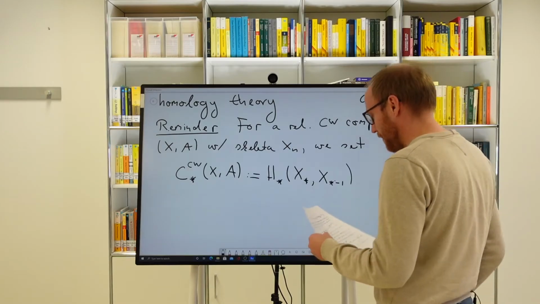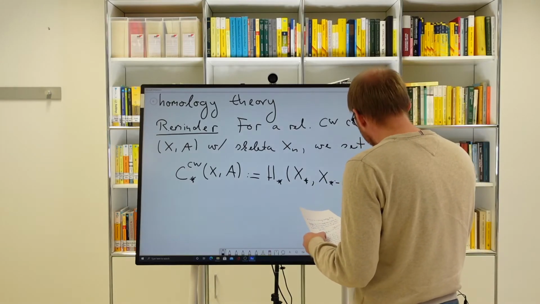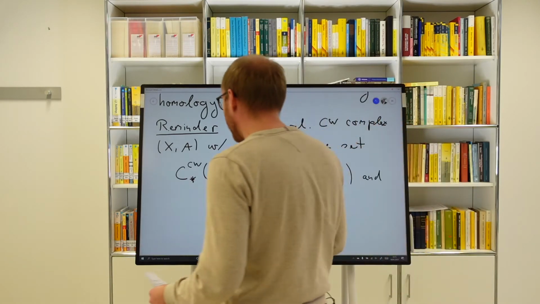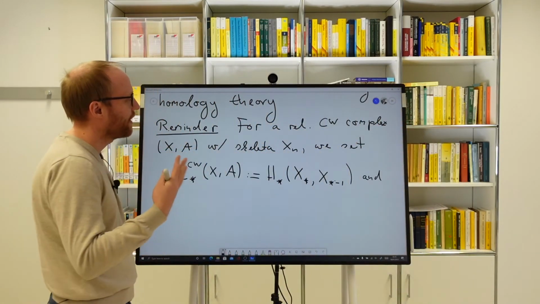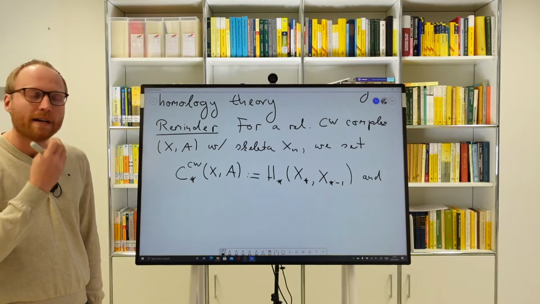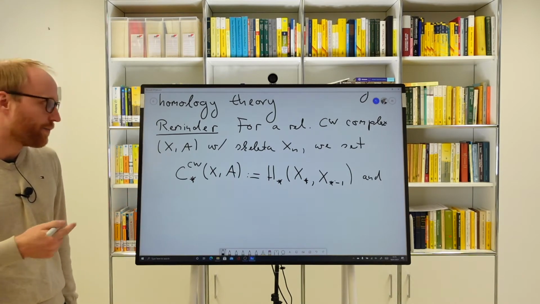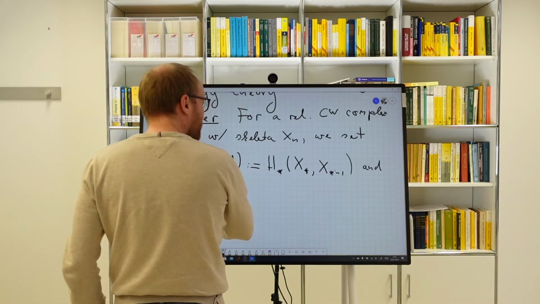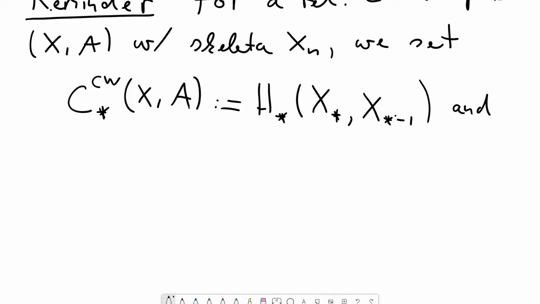And now comes what depends on a choice, namely if we choose push-outs, which describe how the n skeleton arises out of the n-1 skeleton by attaching cells. If we choose those, so a choice of push-outs, let me just write them here.